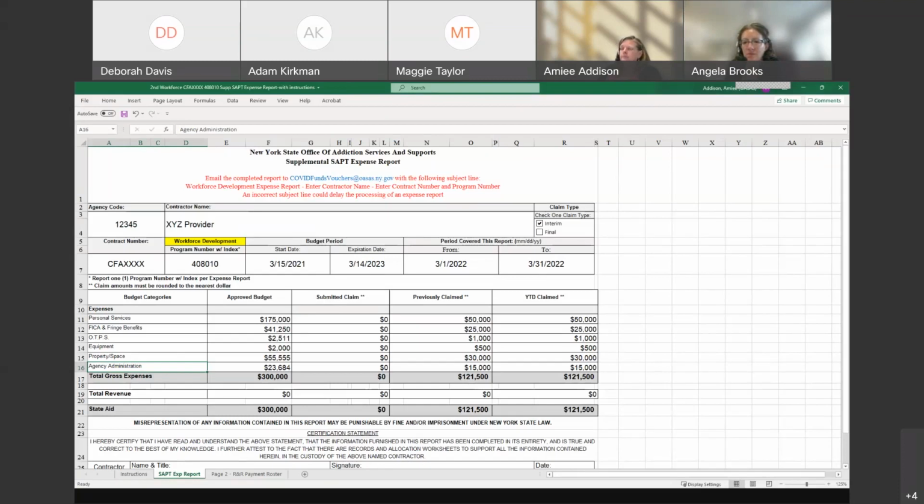So I've started reading the ones in the chat. There is one from all boroughs / counties, Fryman, and it's they have a question about a specific grant that they have received or a purchase order. So could you please submit that question to the COVID funds mailbox? Would you be so kind, Amy, as to put those mailboxes back up?